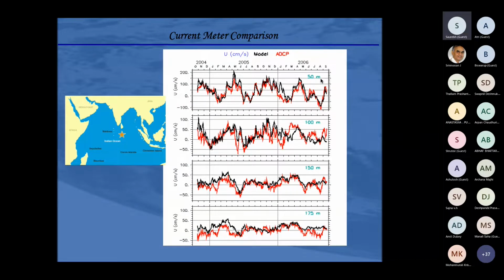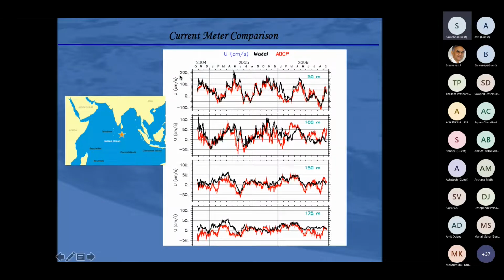Now, one more measure of this model's capability is done here using the observed ocean currents. At that time, there was current meter mooring data in the central equatorial Indian Ocean as a part of the Rama project. And here is a comparison of ocean currents.